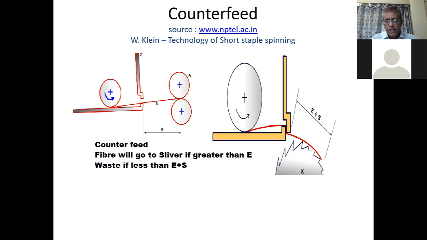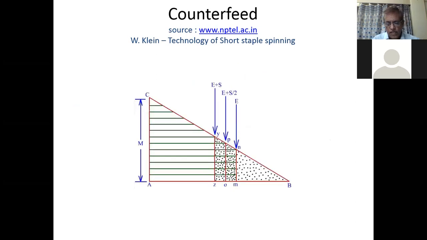The same thing can be expressed in the fiber length distribution curve in this way. Whatever I have already said is expressed in the fiber length distribution curve, and it is clearly shown that fibers greater than length E will go to sliver, and they are represented by the horizontal lines.